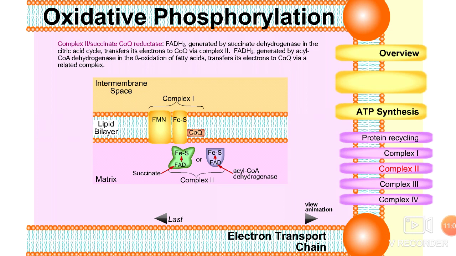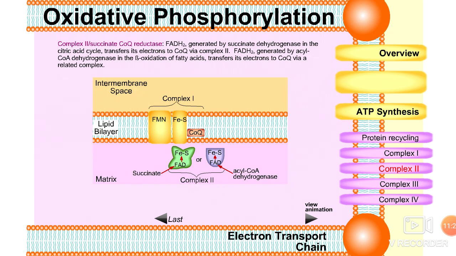And complex 2, succinate coenzyme Q reductase. FADH2 is generated by succinate dehydrogenase in the citric acid cycle and transfers its electrons to coenzyme Q via complex 2. FADH2 is also generated by acyl CoA dehydrogenase in the beta oxidation of fatty acids and transfers its electrons to coenzyme Q via a related complex.